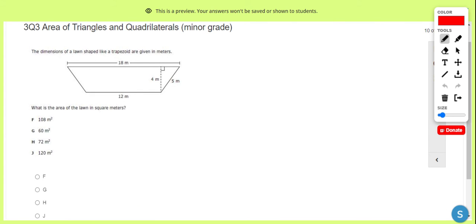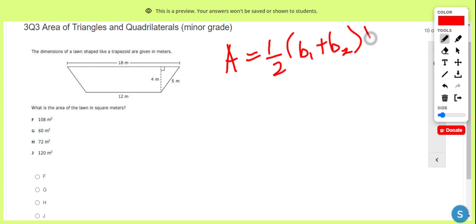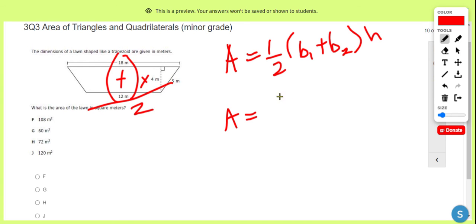Now, for the last one, the area of a trapezoid, using the formula chart, 1/2 base 1 plus base 2 times the height. We're going to just start to fill it in here. Base 1 plus base 2 times the height divided by 2.